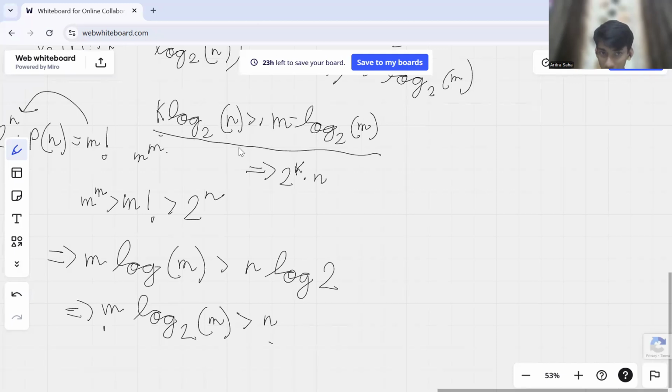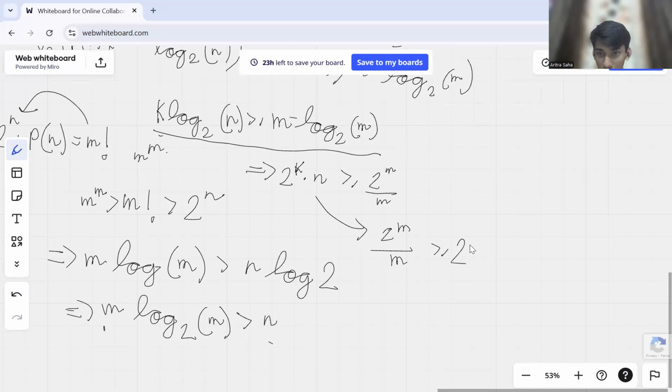Just do 2 to the power of this. So 2 to the power k times n is greater than or equal to 2 to the power m by m.